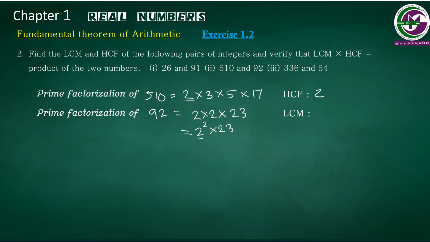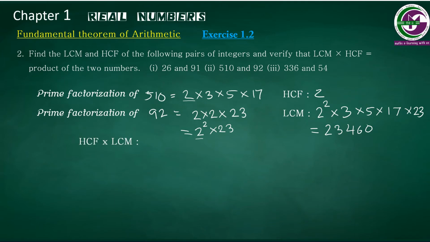So we have 2 on both lines, so 2 with the highest power is 2 square, times 3, 5, 17, and 23, which gives 23,460.